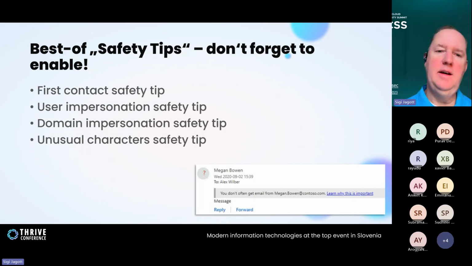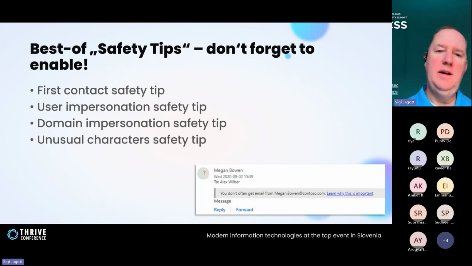Best of safety tips. There are safety tips that I see not enabled at customers. I don't know why, because they're great. For example, the first contact safety tip. You see it here: you don't often get email from so-and-so. This is a notification that the user gets when an email is delivered the first time to that user.